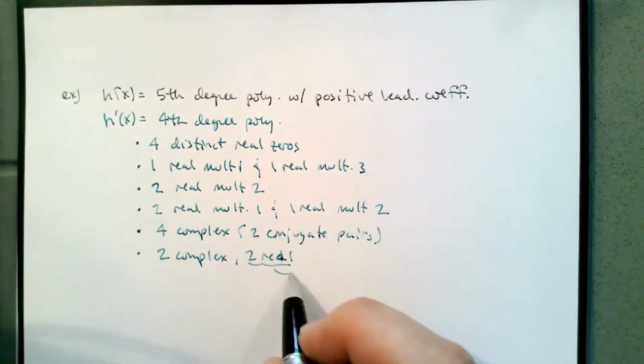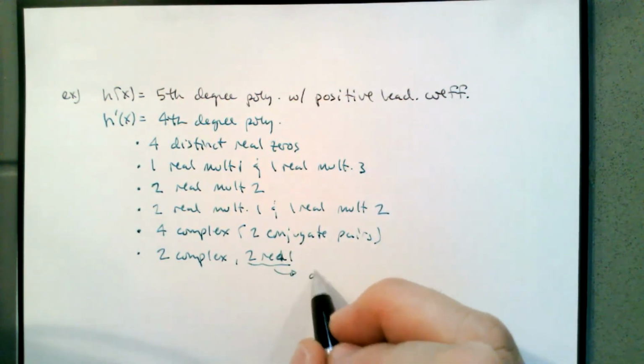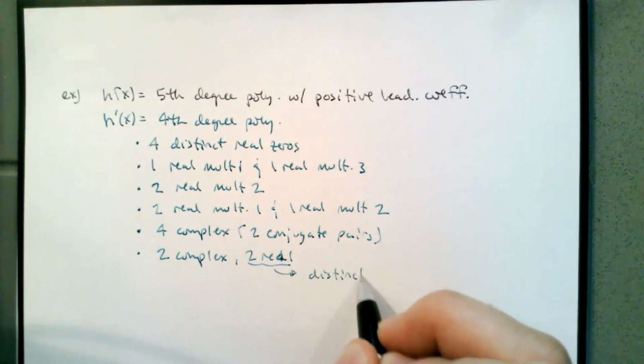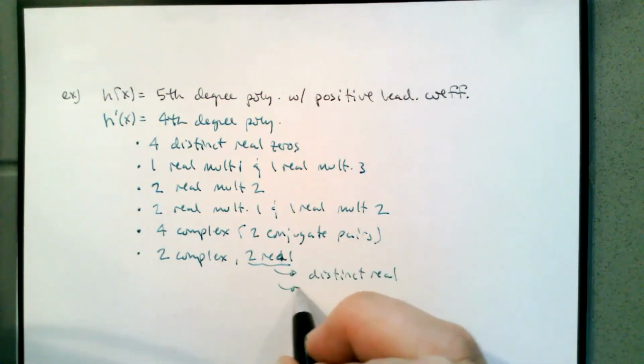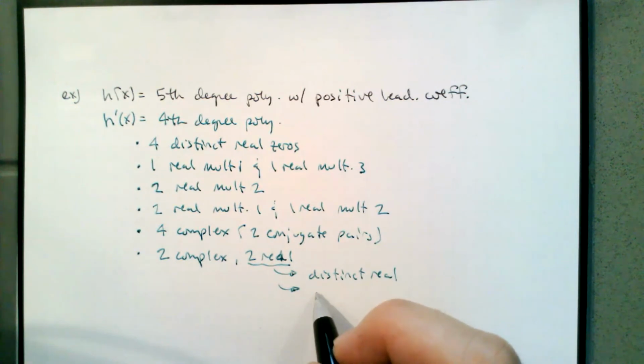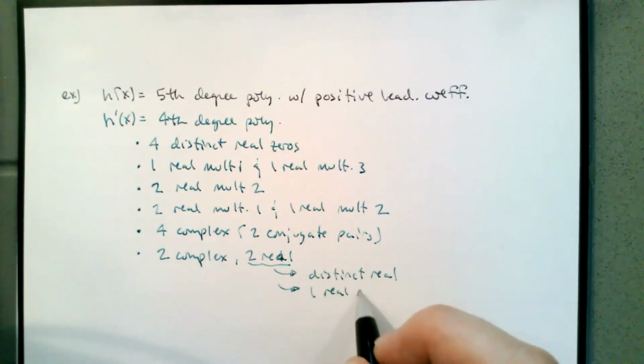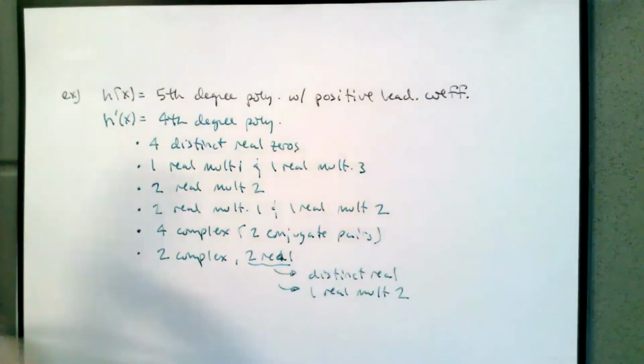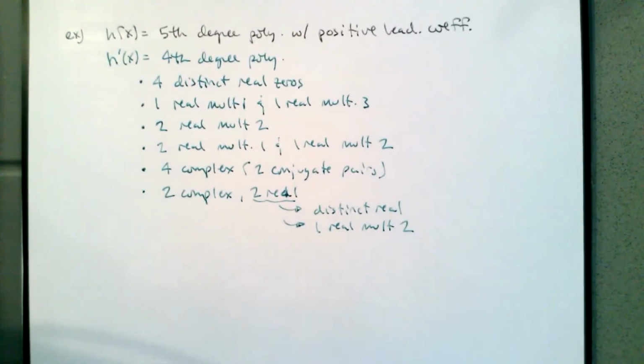And these 2 real could either be distinct real or 1 real with multiplicity 2. I might have missed one. But we know an awful lot.